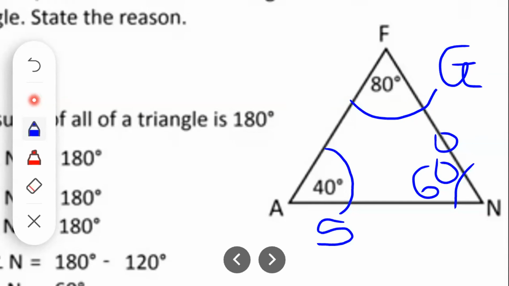So the greater angle is this one, and the side opposite to that is side AN.